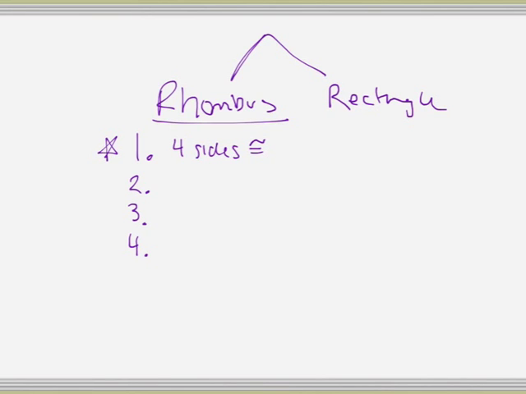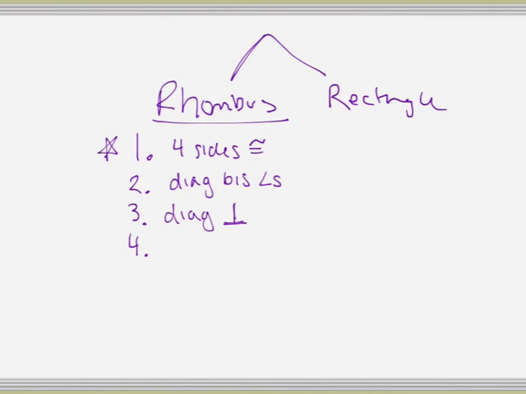Then we just had a couple of theorems about a rhombus. And what did they tell us? Diagonals bisect angles. And what was the other theorem that we had? The diagonals are perpendicular.